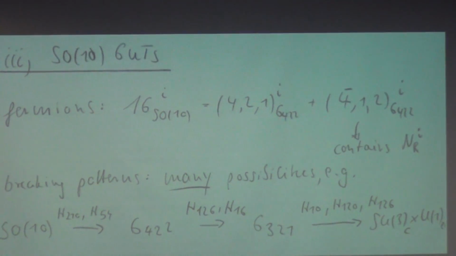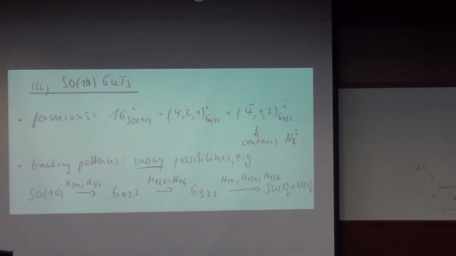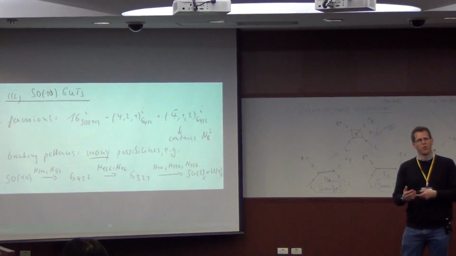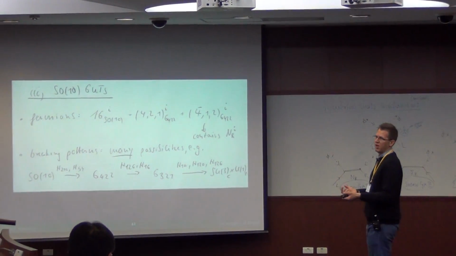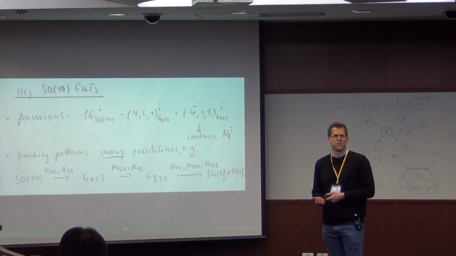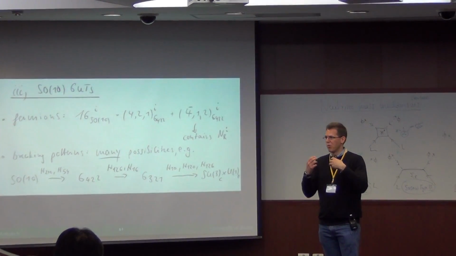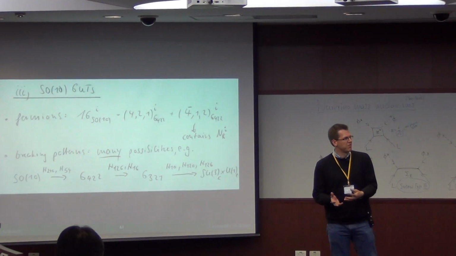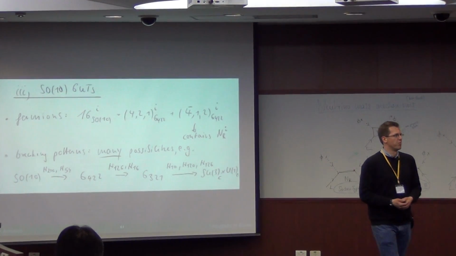This is a 16 representation, which is a spinor representation of SO(10). And now there you have all the 15 degrees of freedom of the standard model plus one right-handed neutrino. So it combines all the standard model degrees of freedom and predicts the right-handed neutrino, which is good because it can give small neutrino masses via the seesaw mechanism.